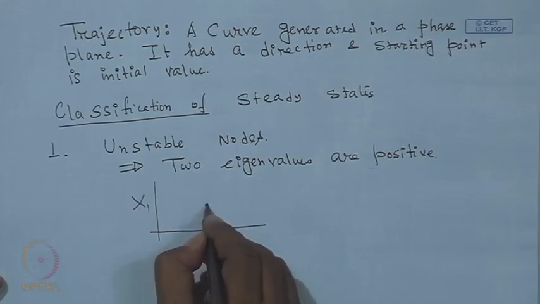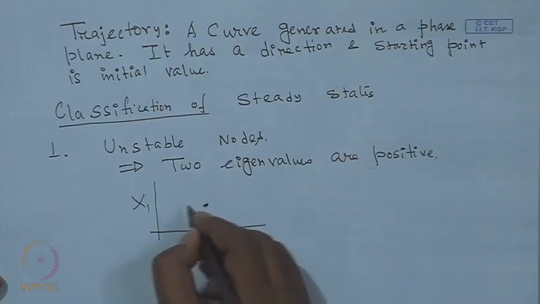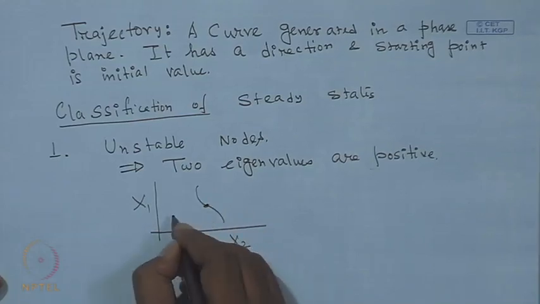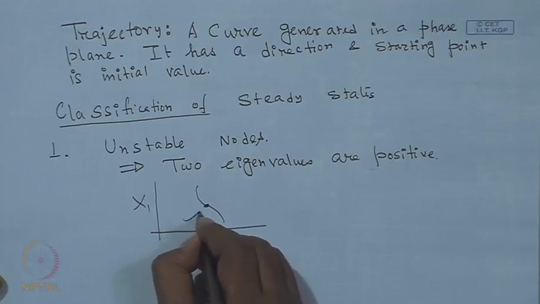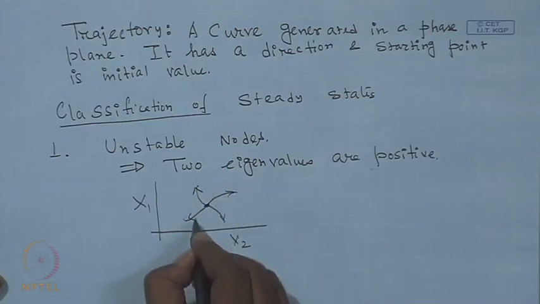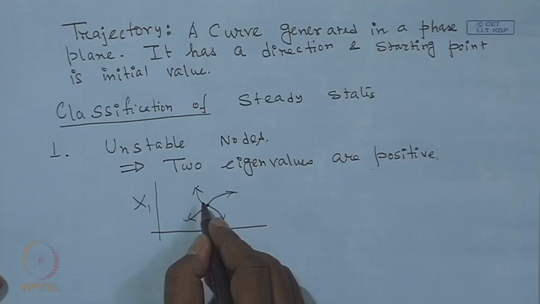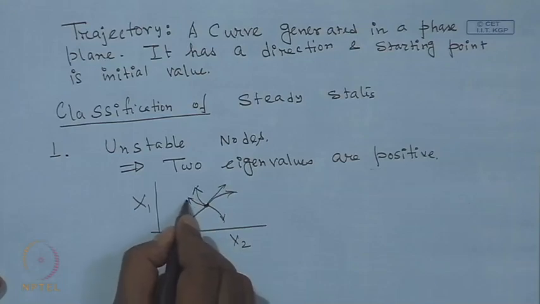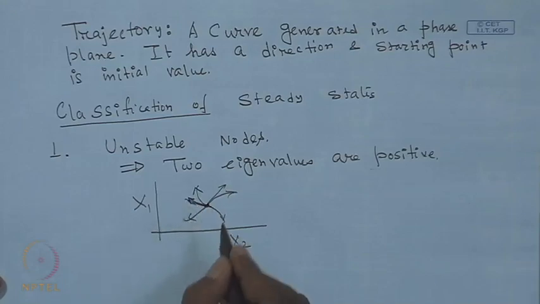You will have an initial condition here, and any deviation about the initial condition will diverge from this steady state. This node is called an unstable node, and these will be the directions of the eigenvectors. The tangential directions presented in the node are the eigenvectors.